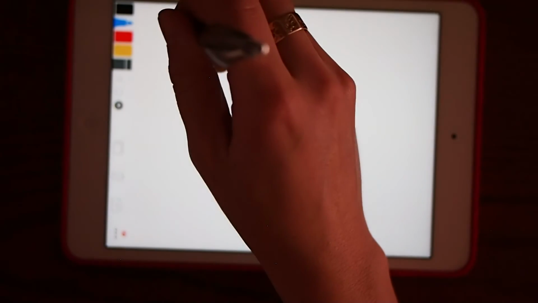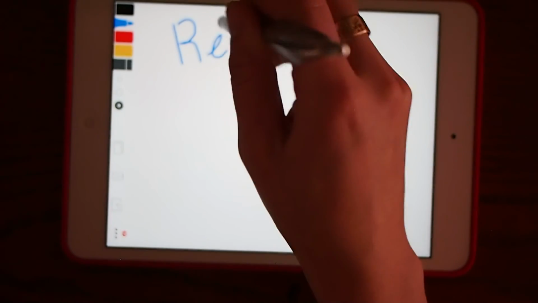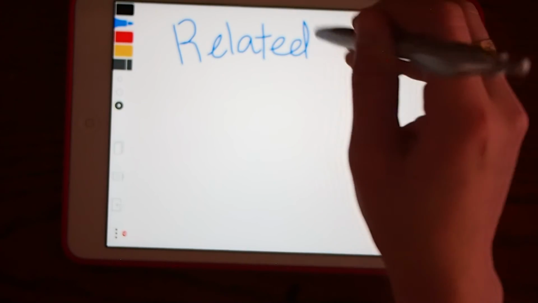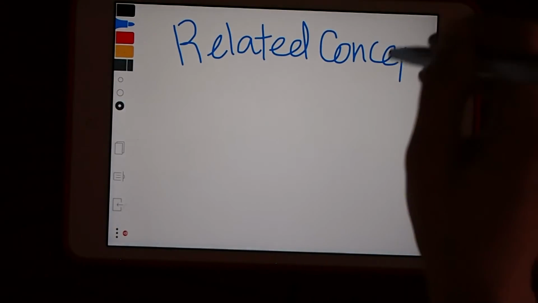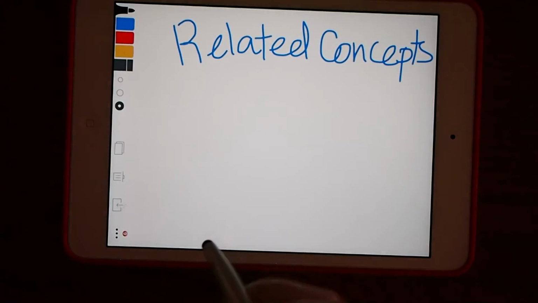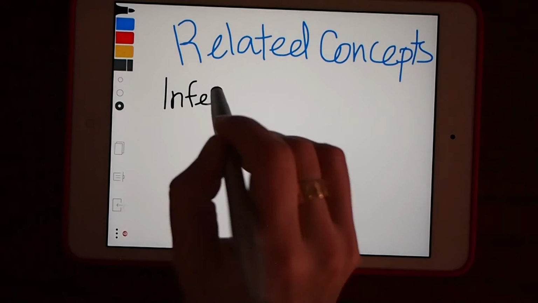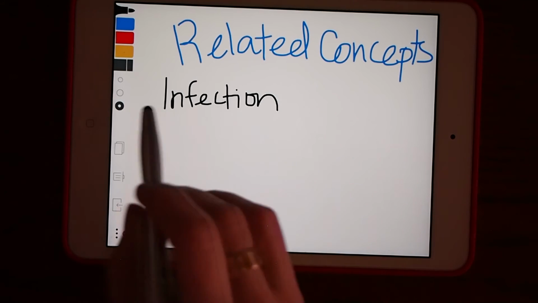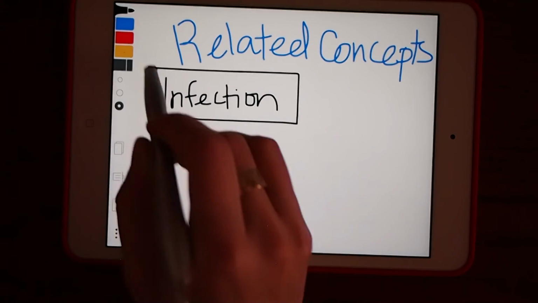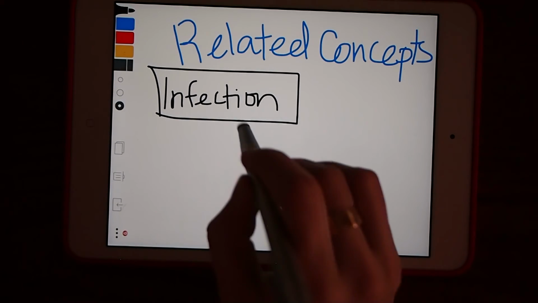Okay, and finally, let's conclude with some related concepts. So, some health and illness concepts, as we discussed, were infection. That is what these exemplars are.